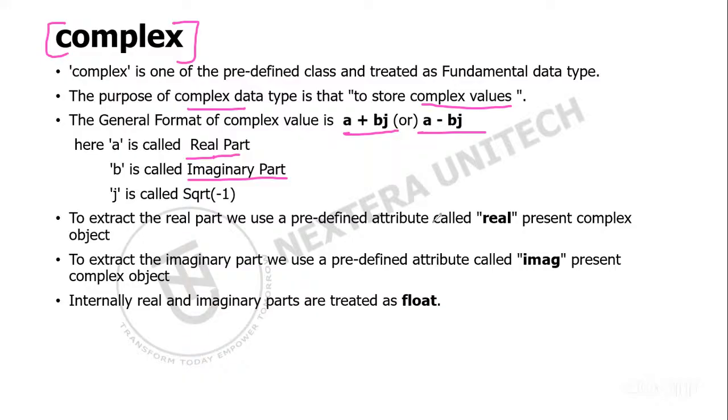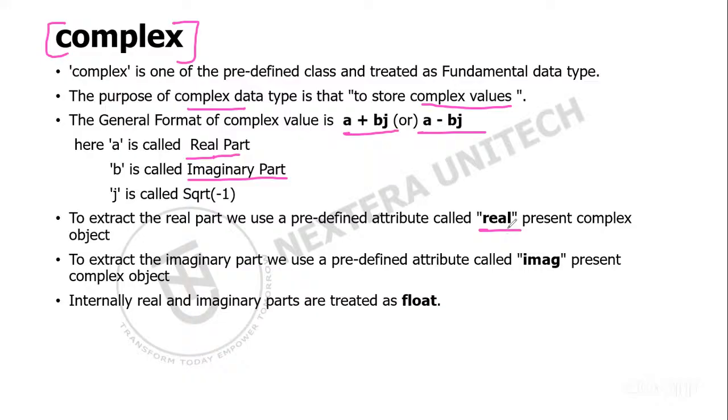Then what if I want to get only the real part from the complex number? If I want to extract only the real part, what do I have to do? There is an attribute called real.